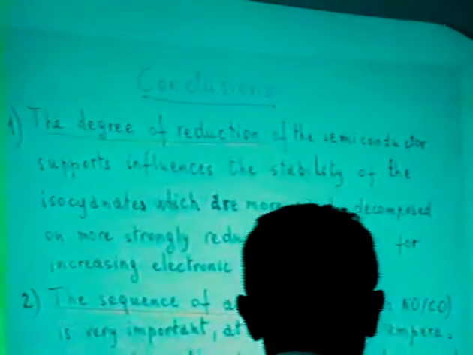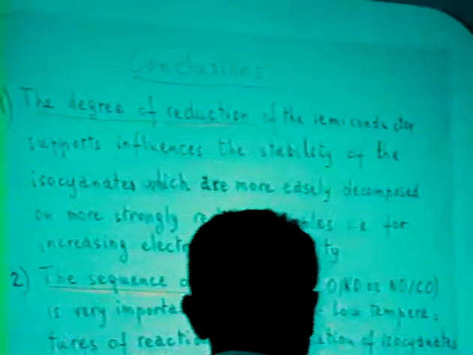Conclusions? The degree of reduction of the semiconductor supports influences the stability of the isocyanates, which are more easily decomposed on more strongly reduced samples, therefore for an increasing electronic conductivity.